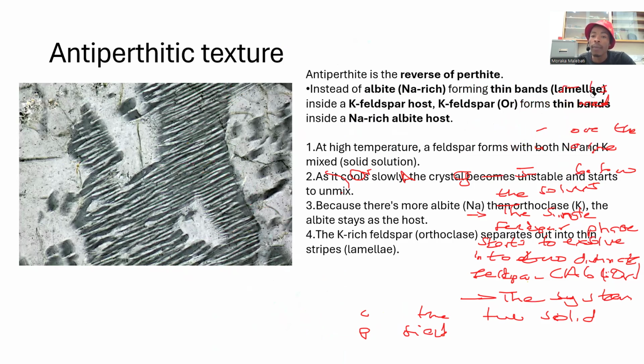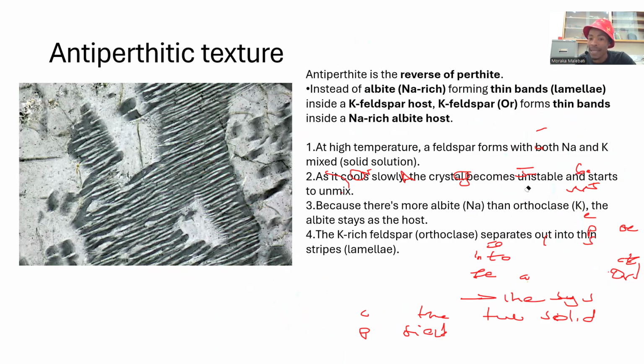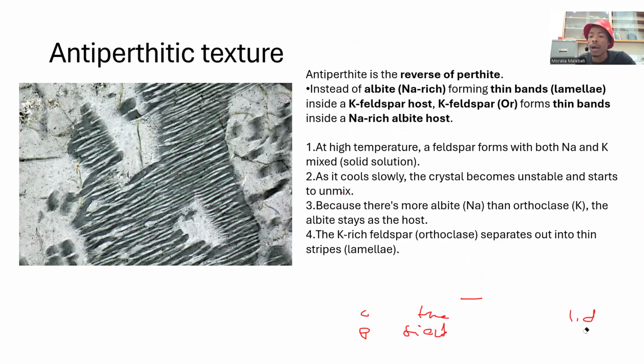Instead of albite forming thin bands inside the K feldspar host, now K feldspar forms thin bands inside the sodium rich host. I hope you understand. And then how does this happen? Obviously, exactly like the perthite.